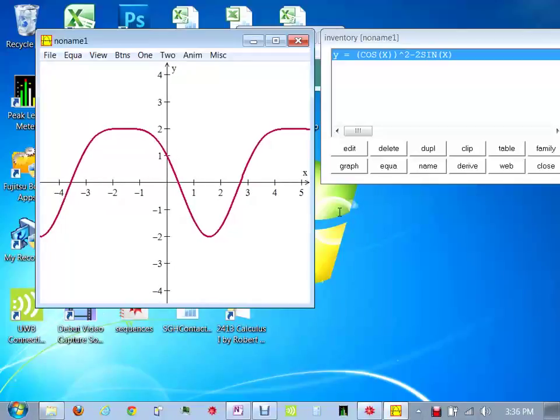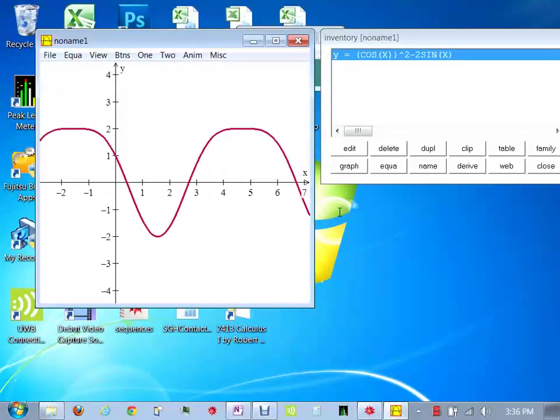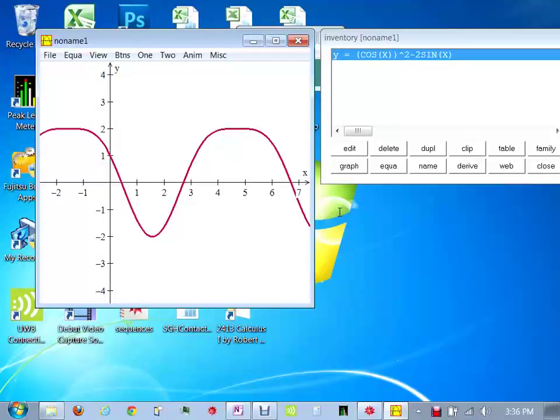What is 2 times pi? About what? 6.2, 6 point something, right? So if you just look at this function, just between 0 and 2 pi, which is about out here somewhere, we had a local max, or sorry, a local minimum where?